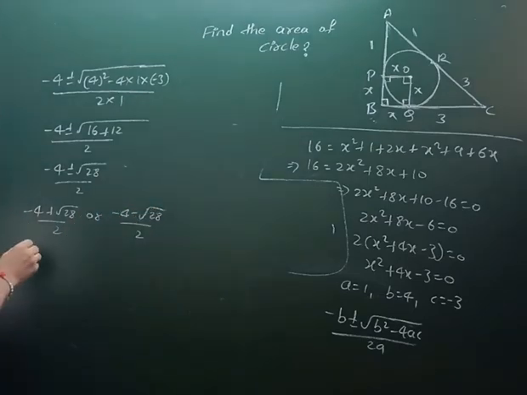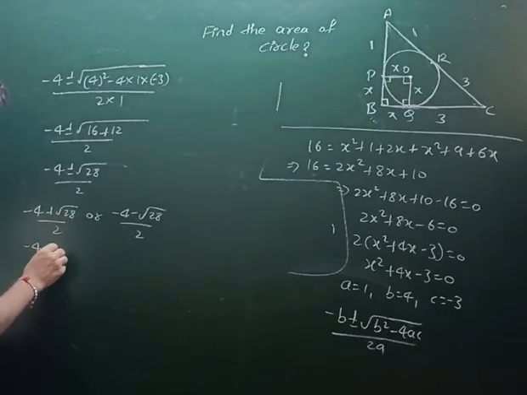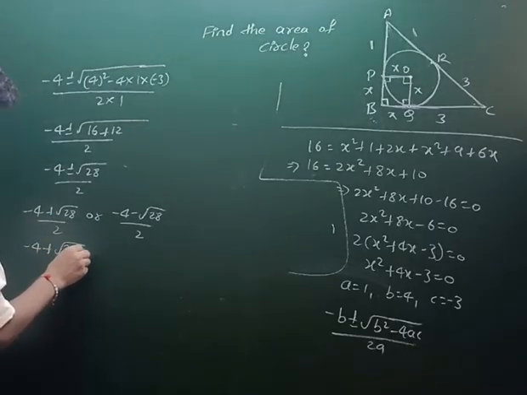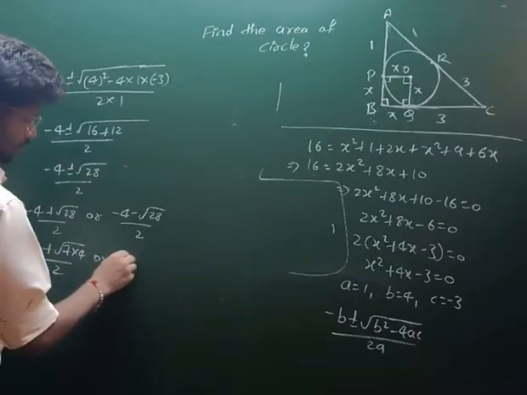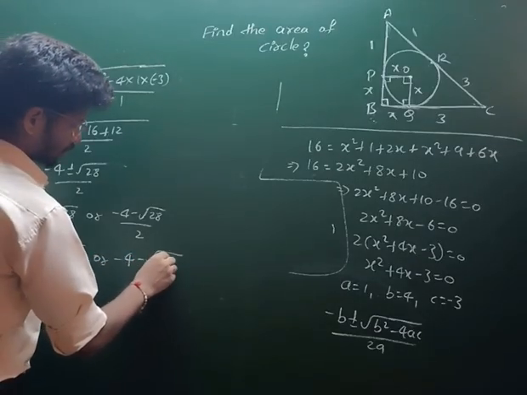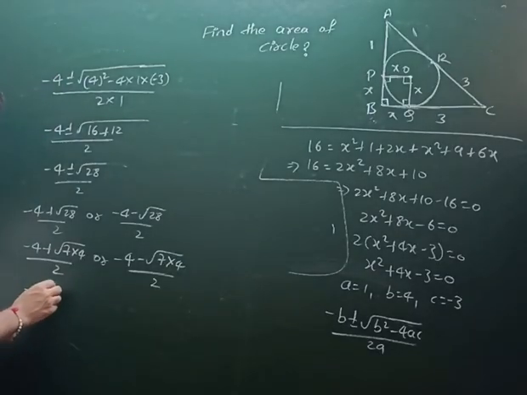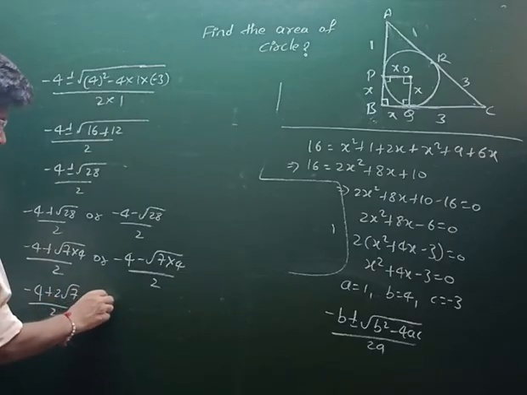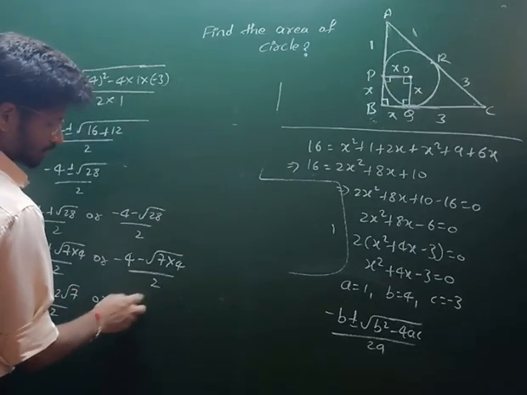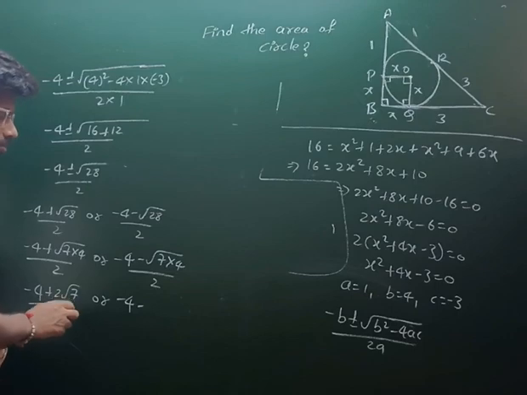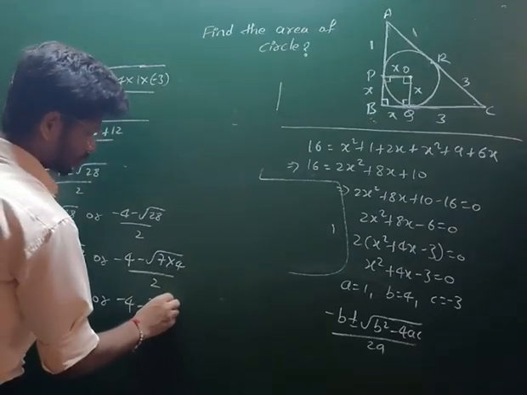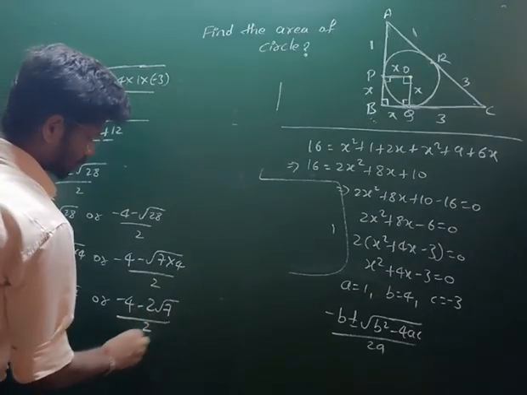So 28 can be written as 7 into 4. Taking the 4 out of the root, √28 is 2√7. So (−4 + 2√7)/2 or (−4 − 2√7)/2.